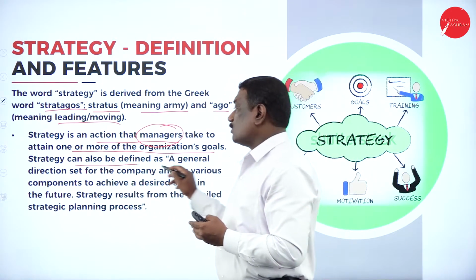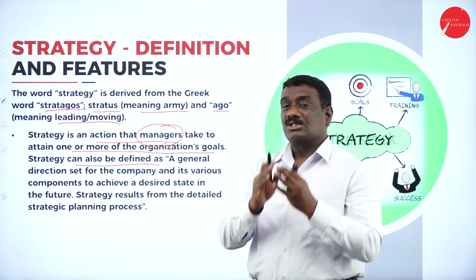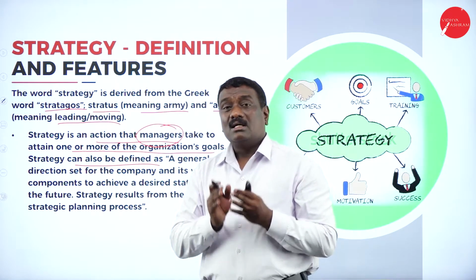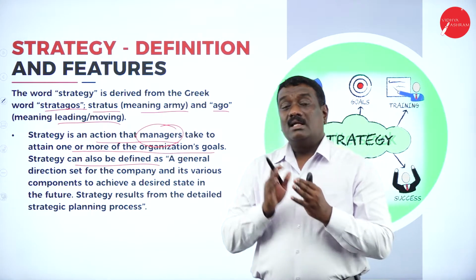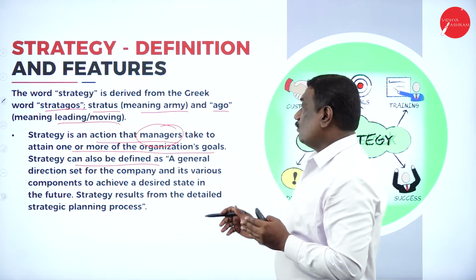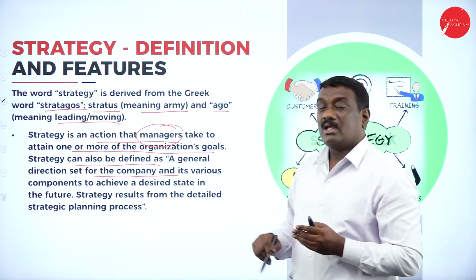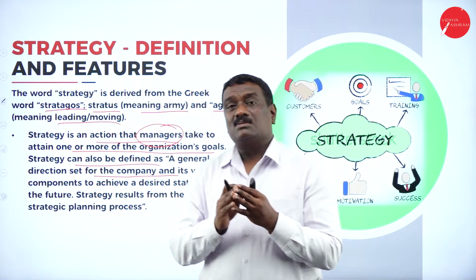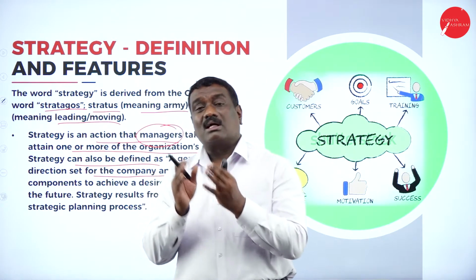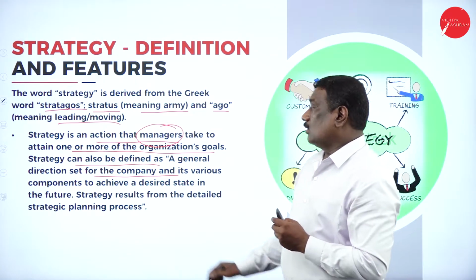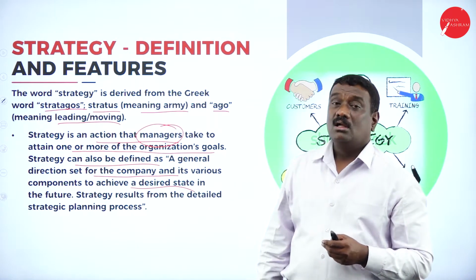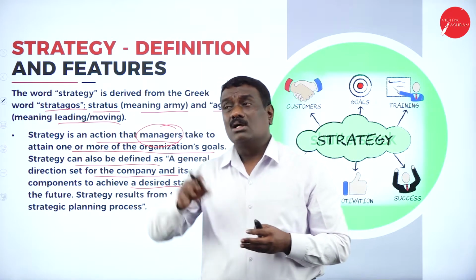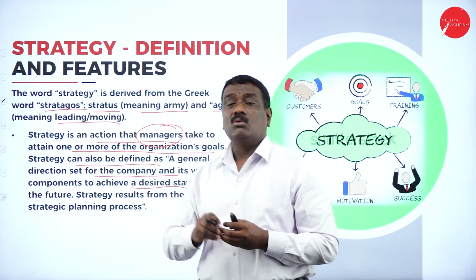Now this strategy can also be defined as a general direction. Strategy is a general direction, that is, tactics we say. It is a general direction which is set for the company and its various components in order to achieve the desired state of the future, whatever you want to achieve, whatever you want to reach.